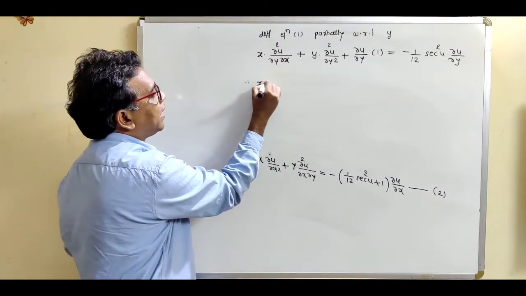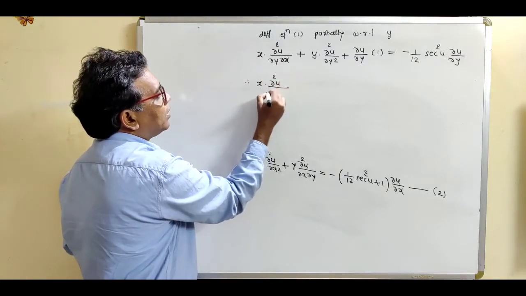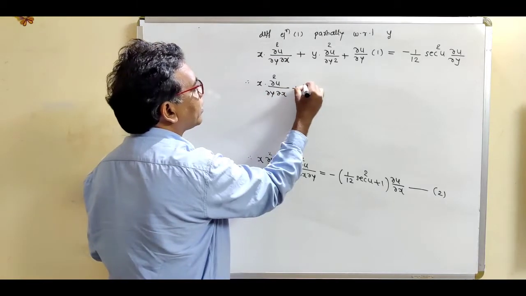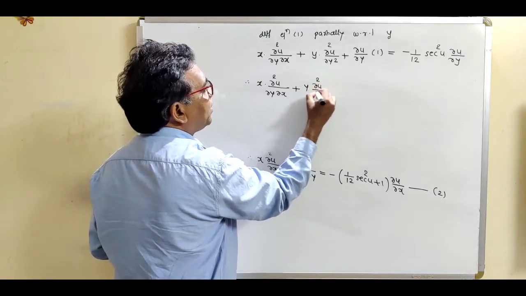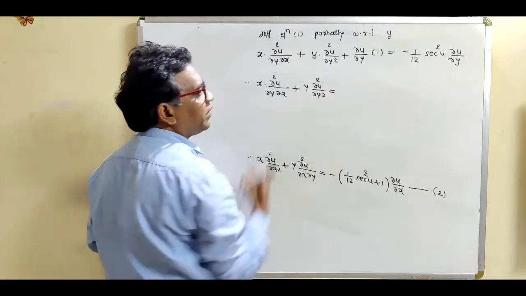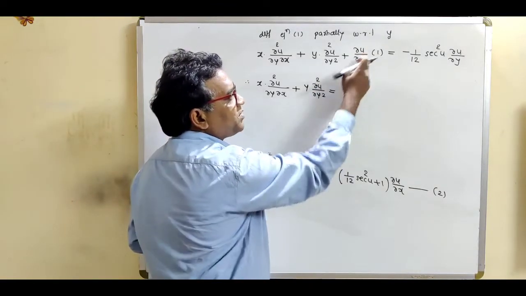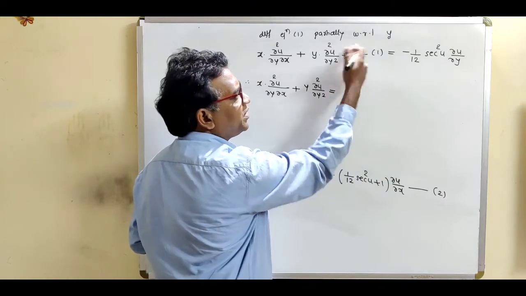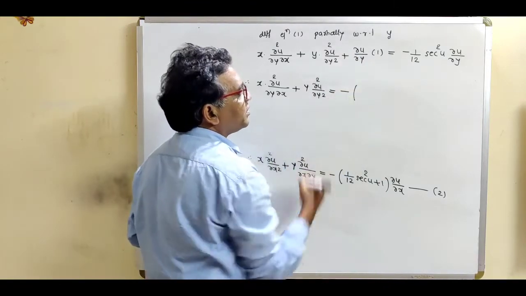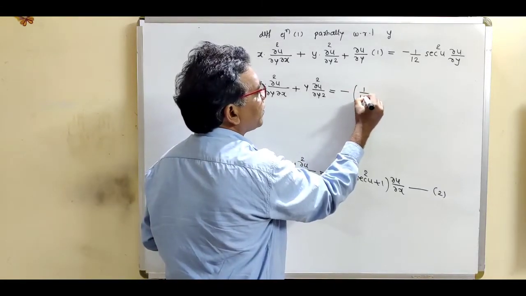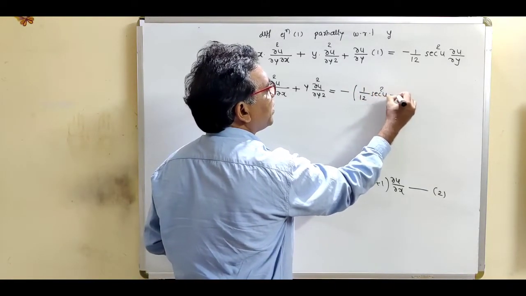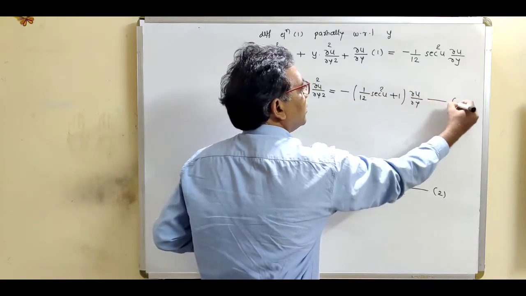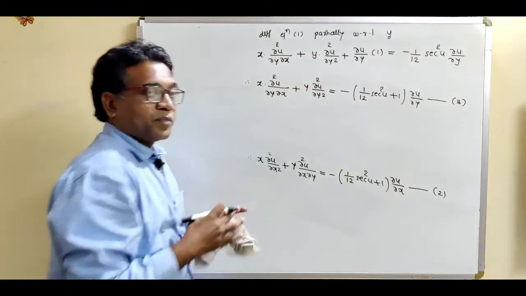So we get x into del square u by del y del x plus y into del square u by del y square is equal to, now transform this del u by del y on the right hand side and take out del u by del y common with this negative term. So this is minus, in brackets, the remaining term 1 upon 12 sec square u plus 1, and take out this del u by del y common. Suppose this is equation number 3.